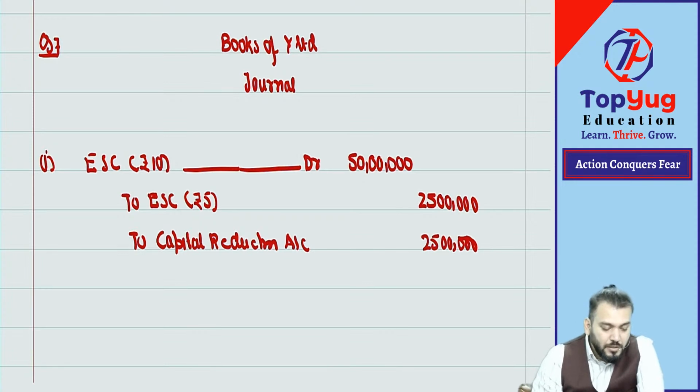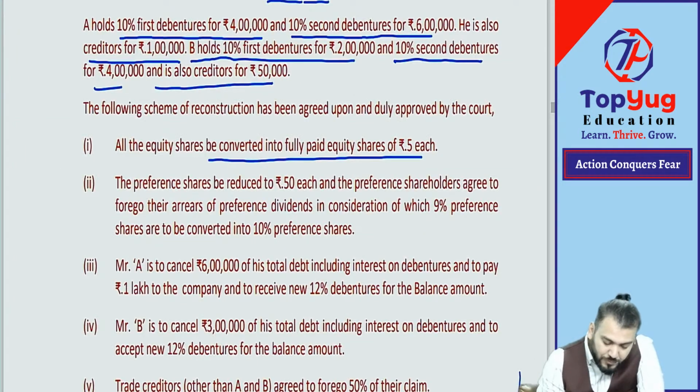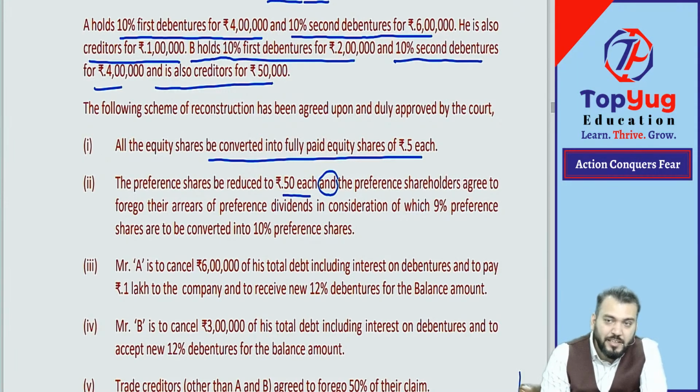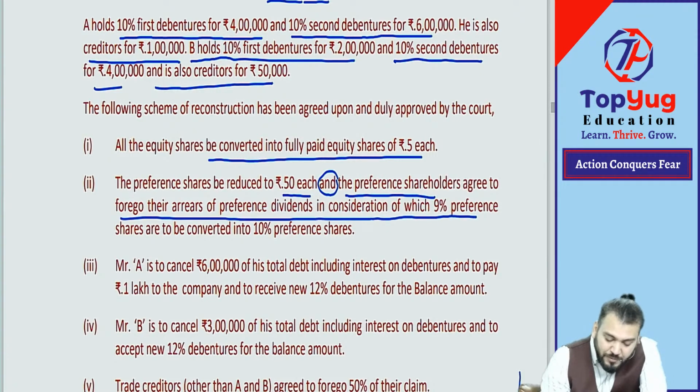Then what is point number 2? The preference shares be reduced to rupees 50 each. The first transaction is that preference share will reduce from 100 to 50. Then preference shareholders agree to forgo their arrears of preference dividend, in consideration of which 9% preference shares are to be converted into 10%.